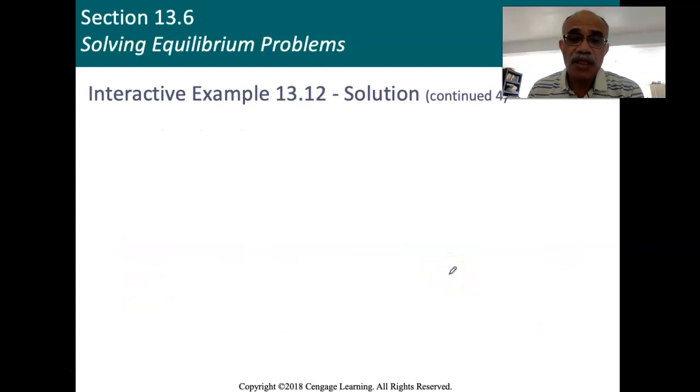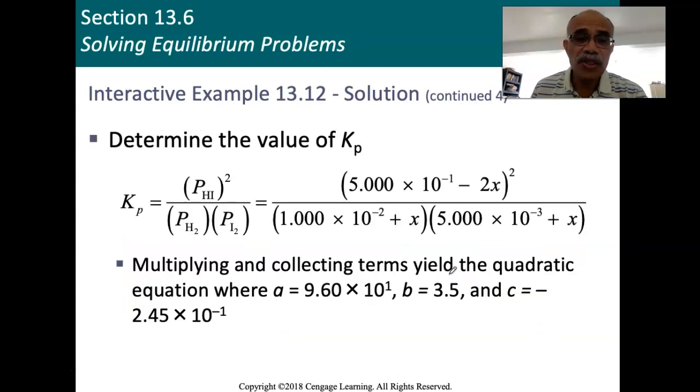Once we have that, we can then bring that into the expression for Kp. Notice that the expression for Kp is the pressure of HI squared over the pressures of H2 and I2. We substitute in these values from the equilibrium expression.